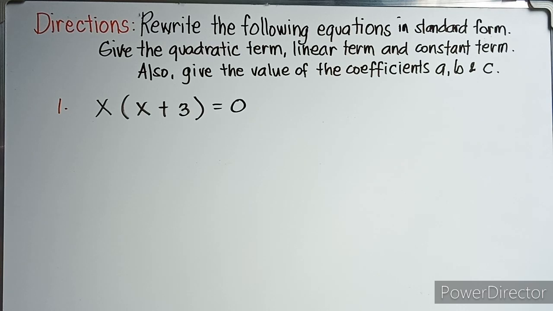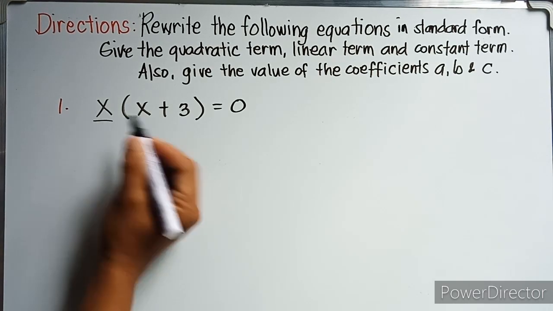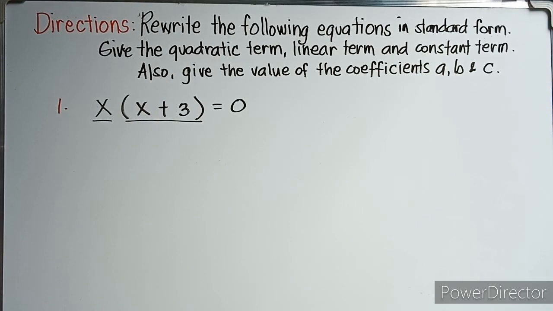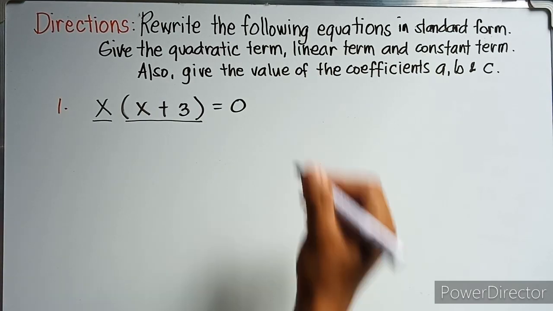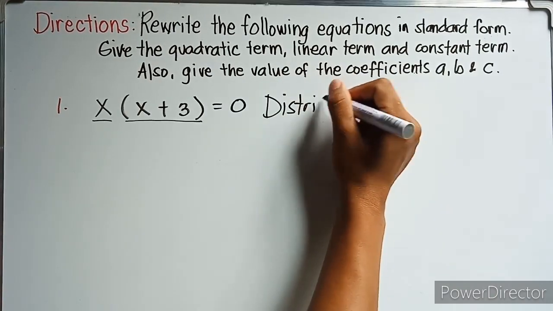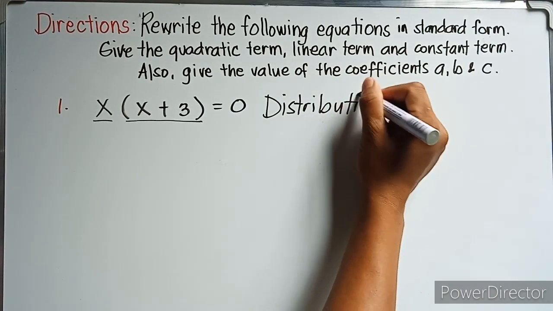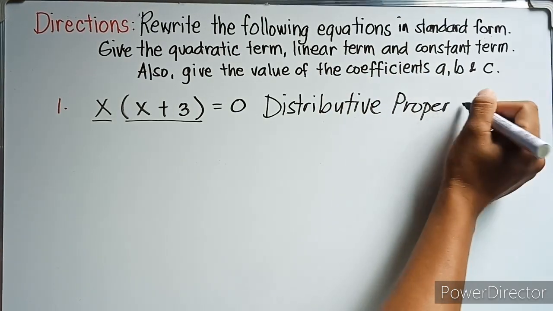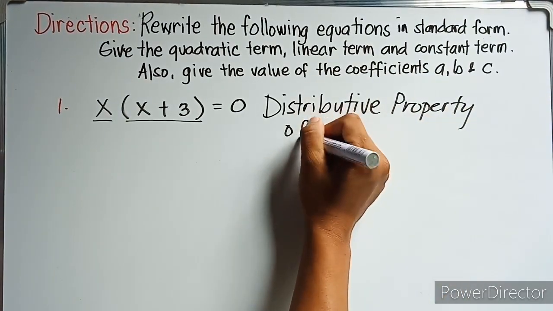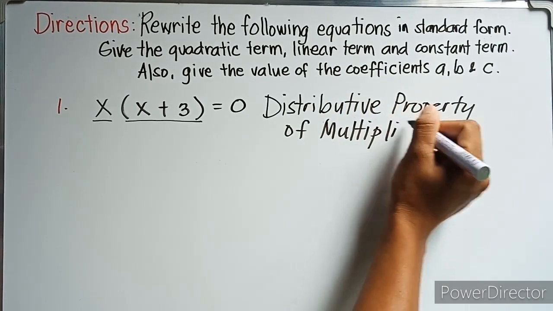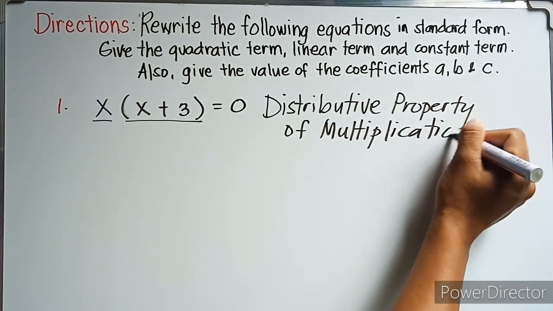Kung makikita nyo, meron tayong monomial, isang term, at meron tayong binomial. So, kapag ganito ang given, gagamitin natin ang distributive property of multiplication. Distributive property of multiplication.